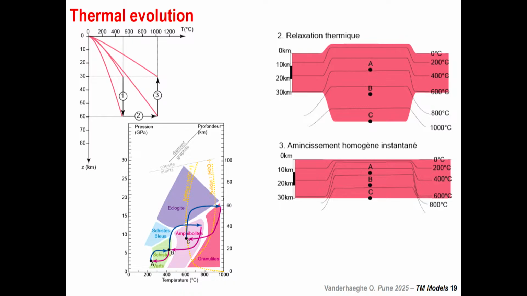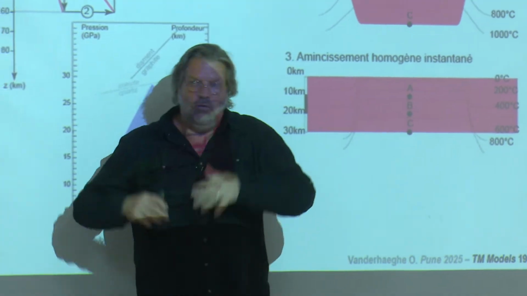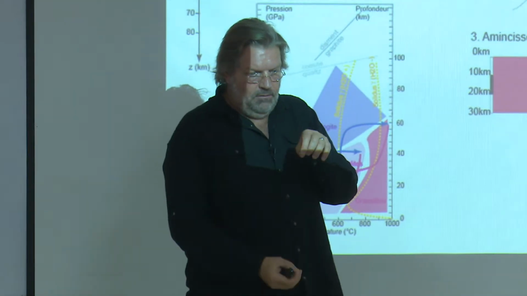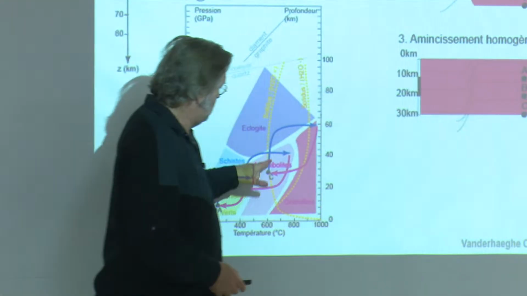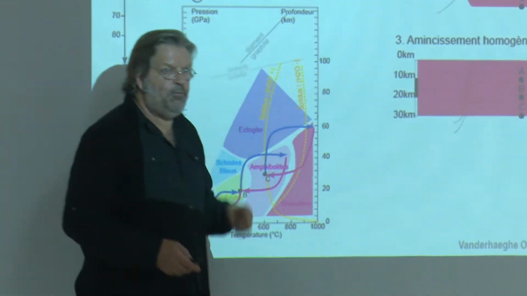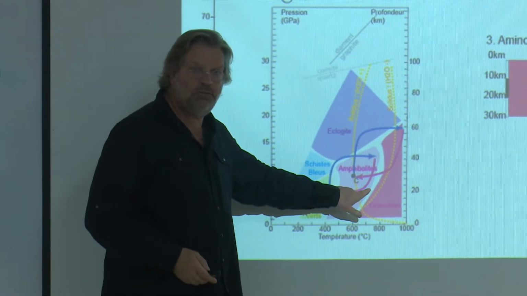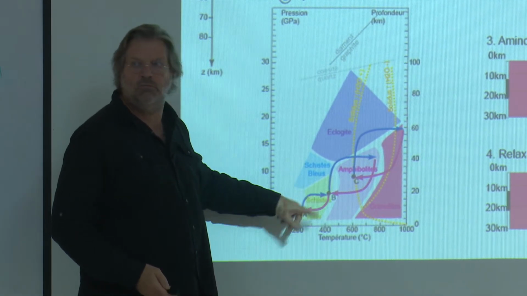So the points will be coming closer to each other, vertical thinning, and they will keep their temperature, because we consider here the extreme situation whereby thinning is much more rapid than heat conduction. So that will lead to this part of the path, decompression of all these points at the same temperature: isothermal decompression. And then temperature will relax, and that leads to cooling.